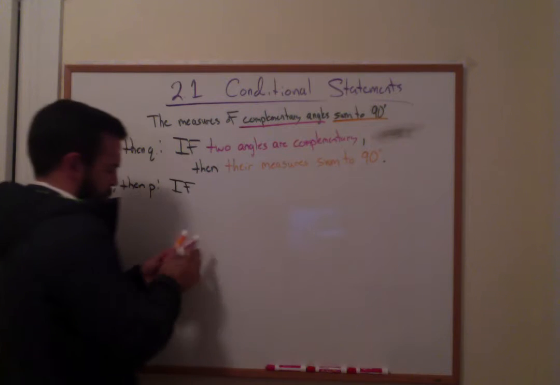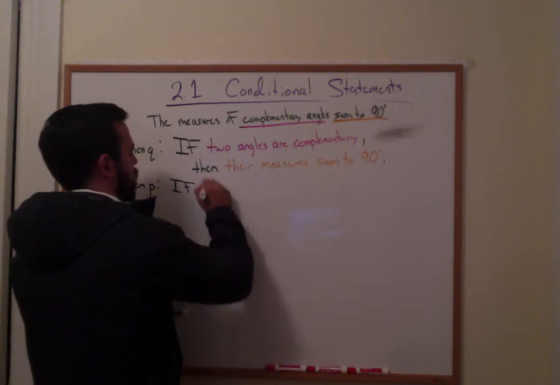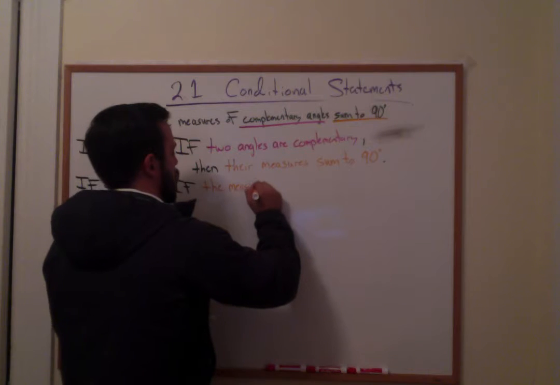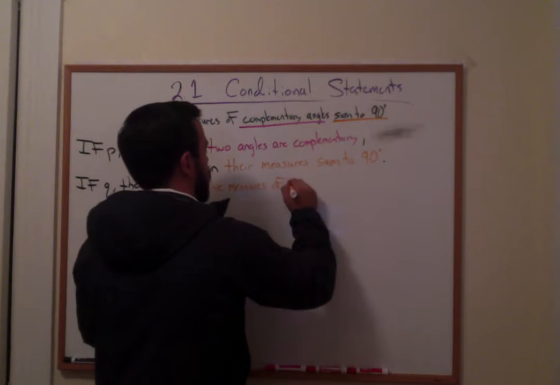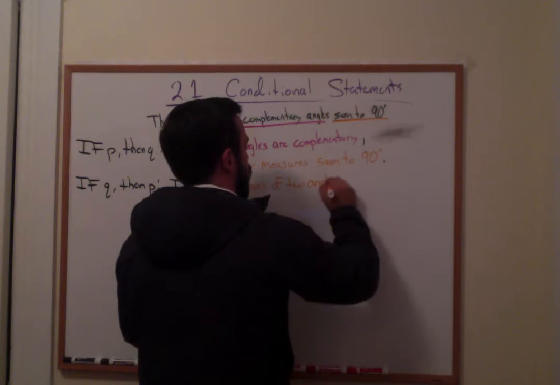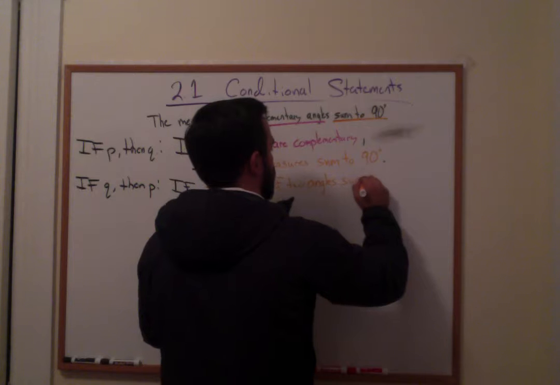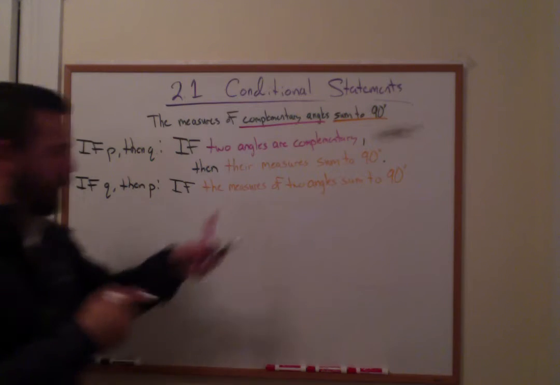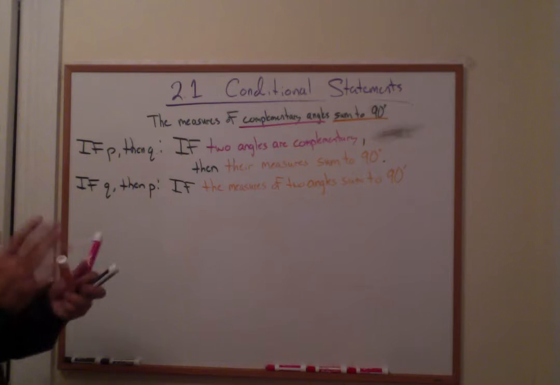If the measures of two angles sum to 90 degrees, again, notice how it's slightly changed.